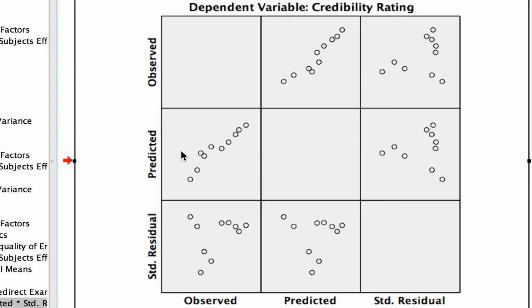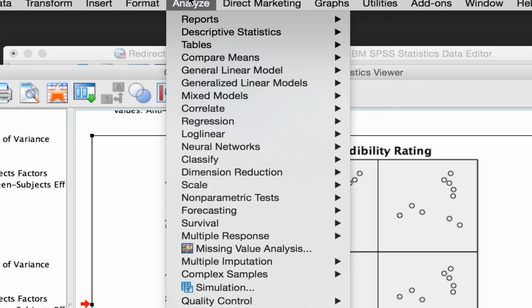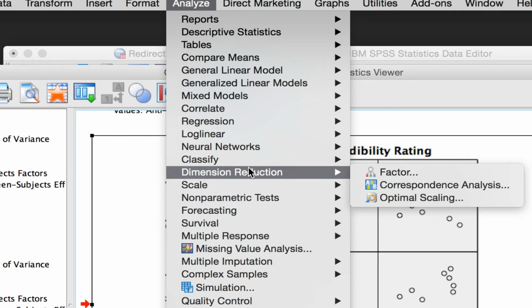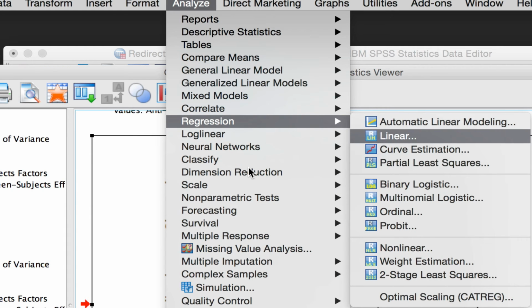So let's add that in. Let's do that. We're going to go to Analyze, Regression, and Linear.